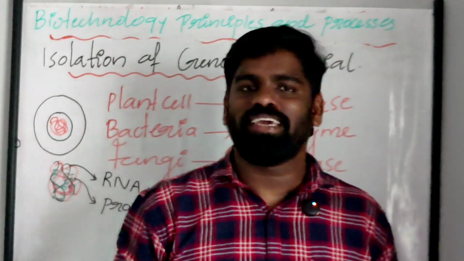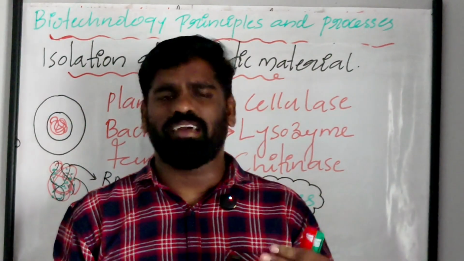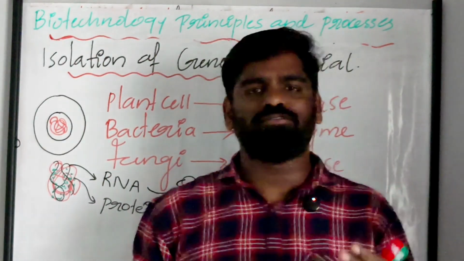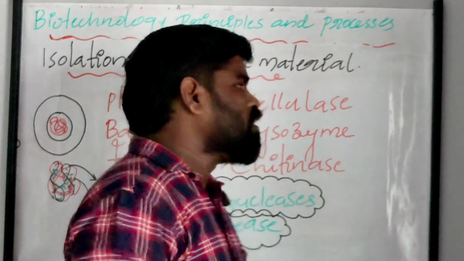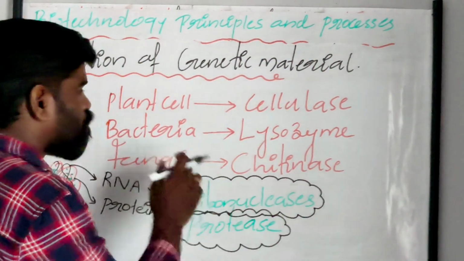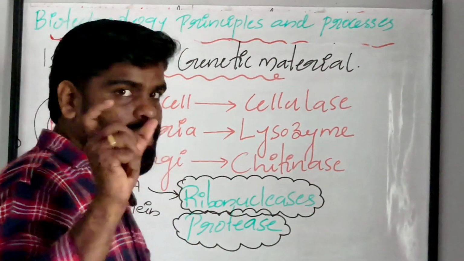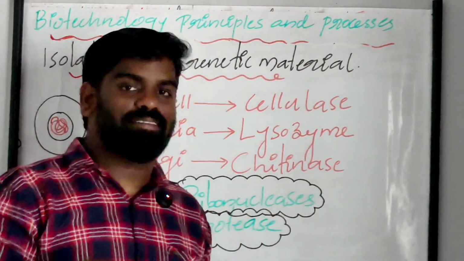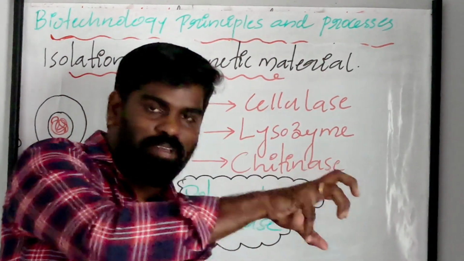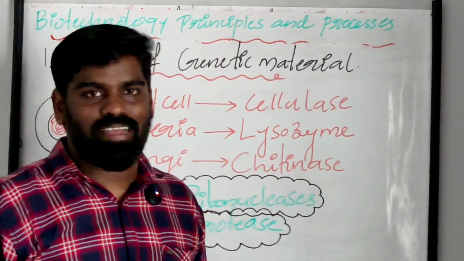Either we can use a plant cell, or for experimental material we can use many types of cells. Genetic material is present inside the cell, so we have to separate it from the cell.